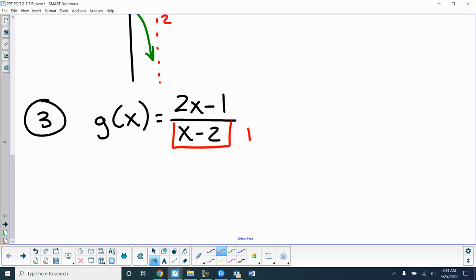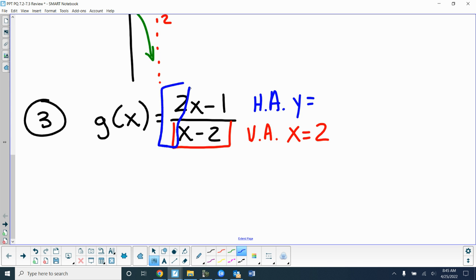All right, so my vertical asymptote, remember, is the bottom. So that's x equals 2. And that's all we had to answer, right? And then my horizontal asymptote is y equals what? What's in front? A 1, so what's 2 divided by 1? 2.